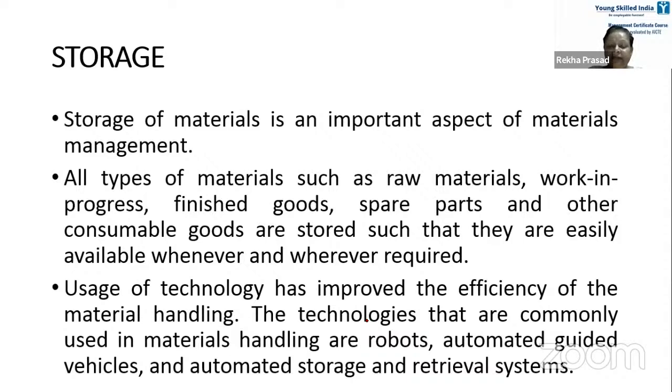Robots, automated guided vehicles, and automated storage and retrieval systems. For example, you imagine a warehouse of big organizations like Amazon. There are so many types of things, small, big, different shapes, sizes.